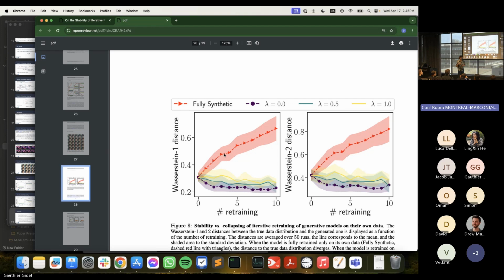In the setting where you don't re-inject real data, so you retrain but with a moving average, I think we will still have collapse, but the collapse will be slower. It will be a bit trickier to show, but to be seen. I don't have exactly the details in mind.